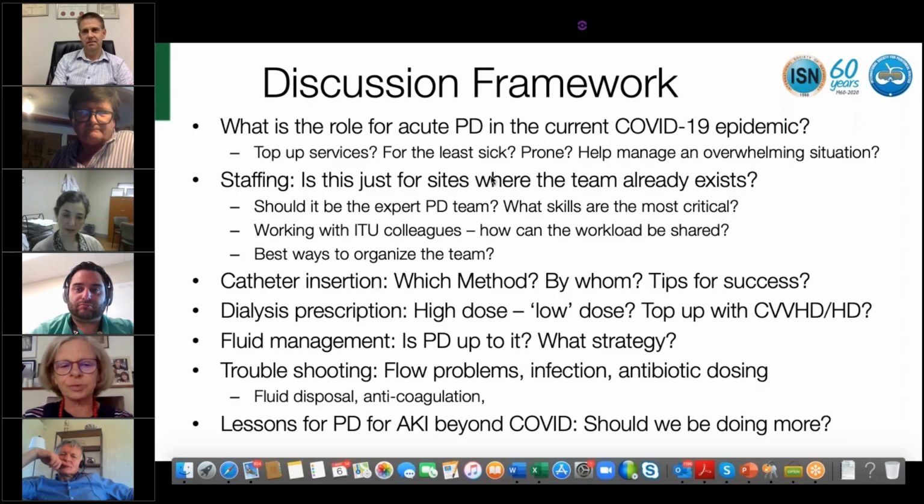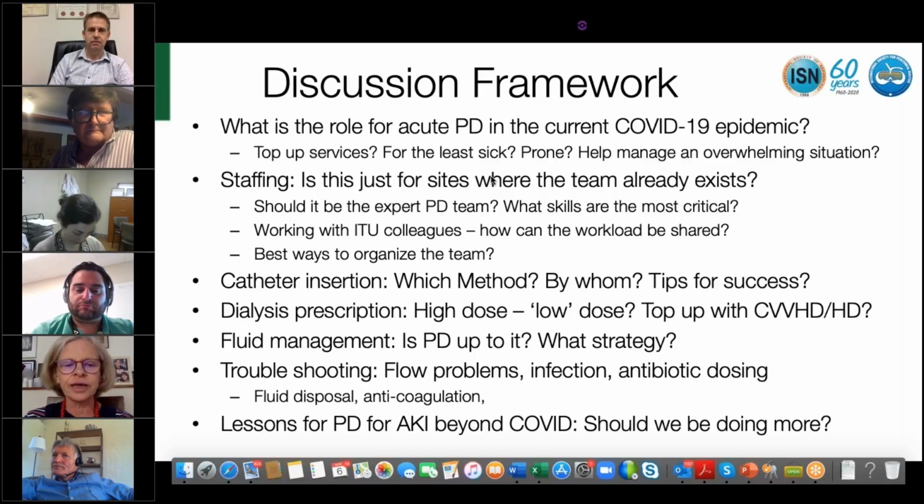So the PD nurses were very busy with new patients and were very stressed. We also had problems with the ITU staff, who equally had struggled with not being able to diagnose infiltration, and with creatinines and ureas that didn't fall.